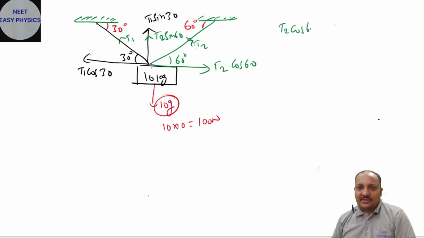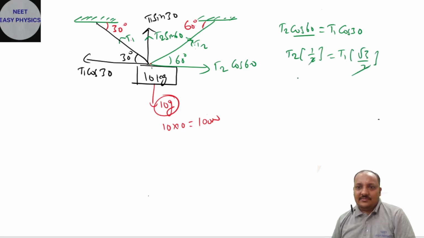So T2 cos 60 equals T1 cos 30. What is the cos 60 value? Cos 60 is 1 by 2. Cos 30 is root 3 by 2. So T2 is equal to root 3 T1.